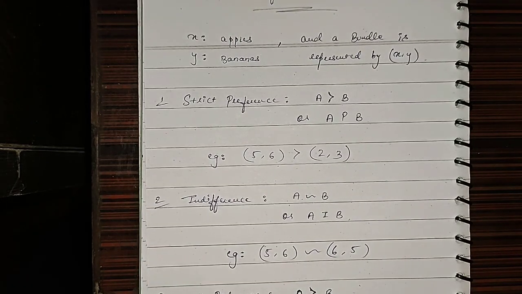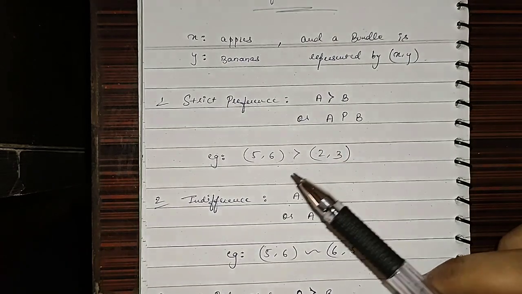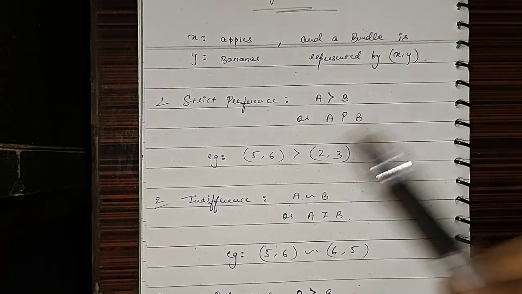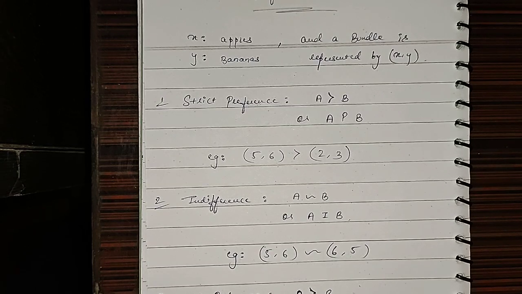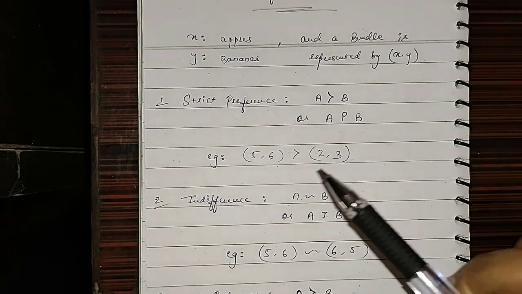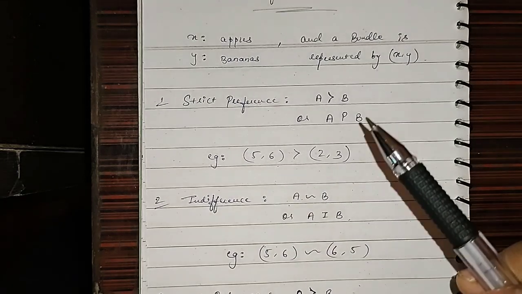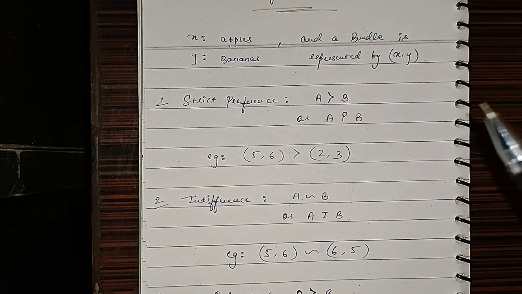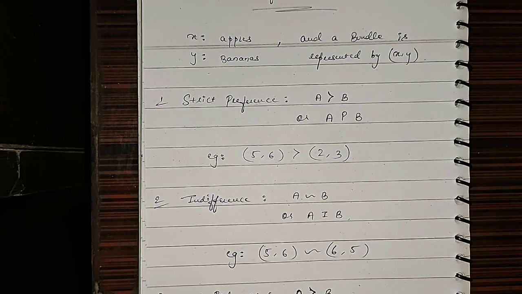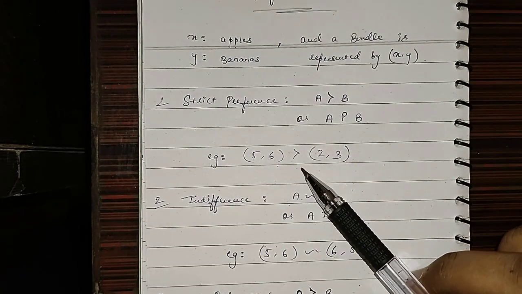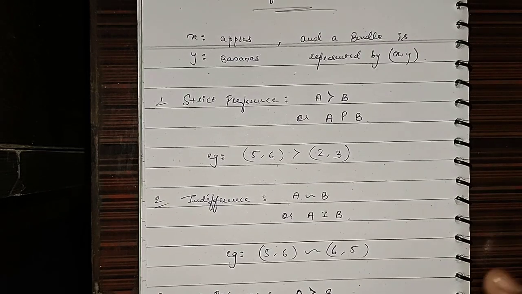So it is obvious that the consumer would prefer the bundle that has higher quantities of both the goods, because in economics a rational consumer would always want to consume more of a good that gives him positive satisfaction or positive utility. So he will definitely consider that 5 units of apples and 6 units of bananas give him more utility or satisfaction. So (5, 6) is strictly preferred over (2, 3).